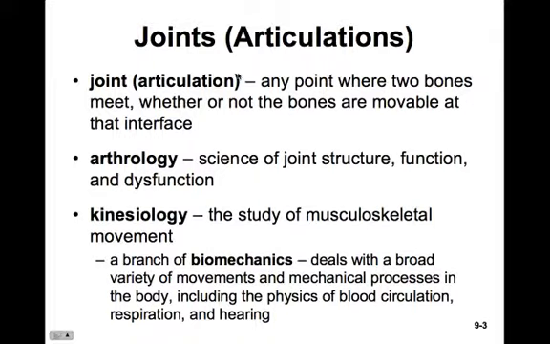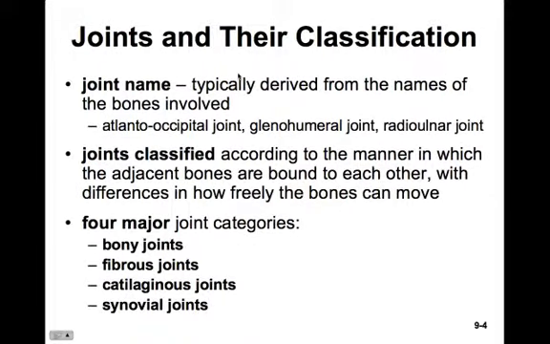It deals with a broad variety of movements and mechanical processes in the body, including the physics of blood circulation, respiration, and hearing. Joint names are typically derived from the names of the bones involved in that joint.